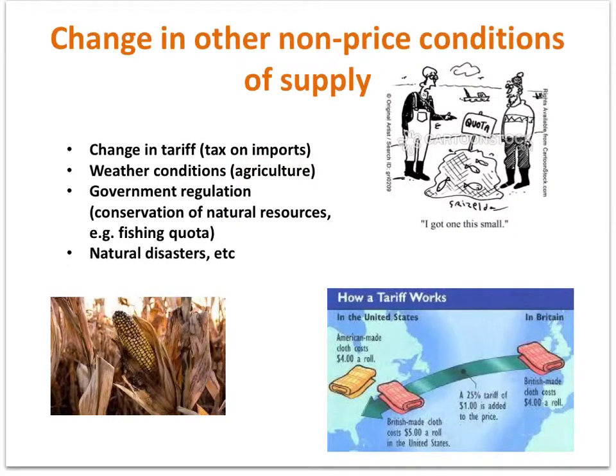Government regulation also could affect supply. The government could limit production of some goods in order to protect national resources. So, for example, for that purpose, government introduces fishing quotas. And finally, natural disasters like floods, earthquakes, or droughts could also affect supply of some goods.